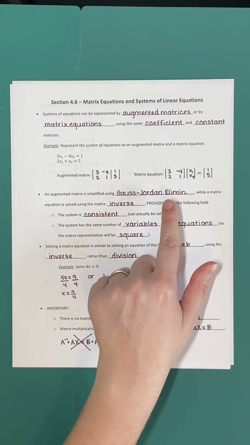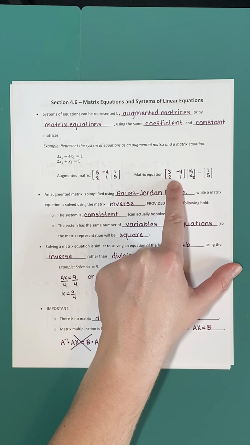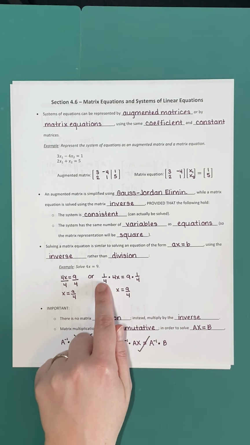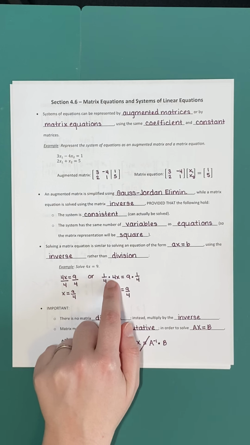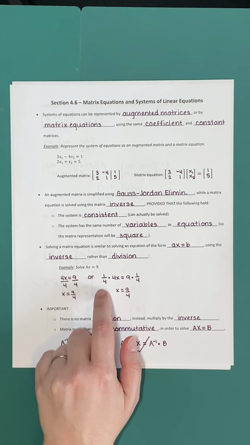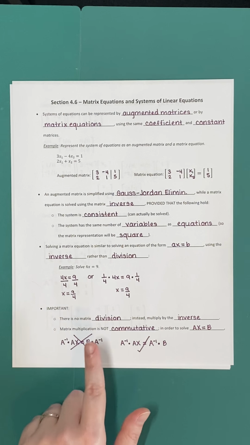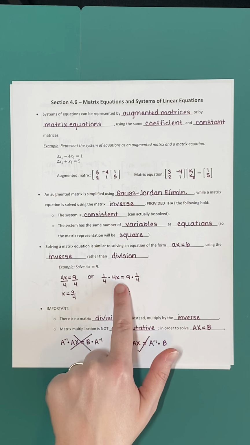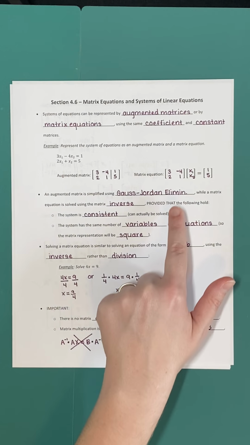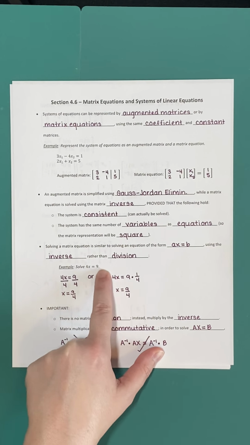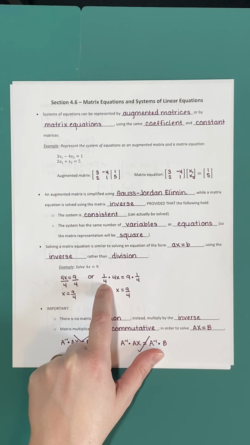So we're going to take this matrix, let's think of this as the matrix A. We're going to find its inverse, kind of like we took 4 and found its inverse. Notice we took the thing we wanted to eliminate and we multiplied it by its inverse, and that's what eliminated it. Well, if we follow this particular model and apply it to matrices, we multiply by the inverse on the left-hand side of the equation.